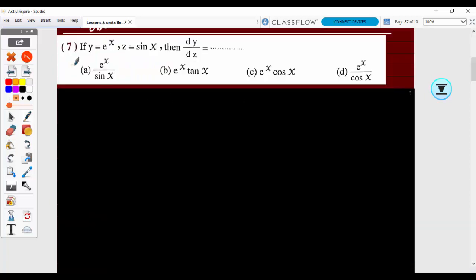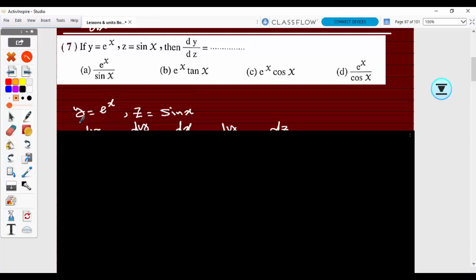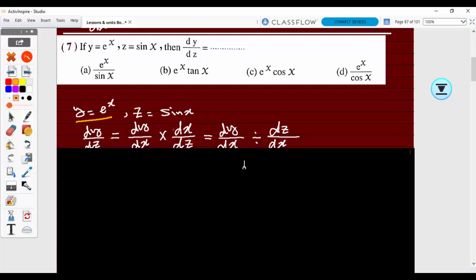Question number 2. If y equals e power x, z equals sine x, then dy dz equals, here we will use chain rule. We have y equals e power x, z equals sine x.